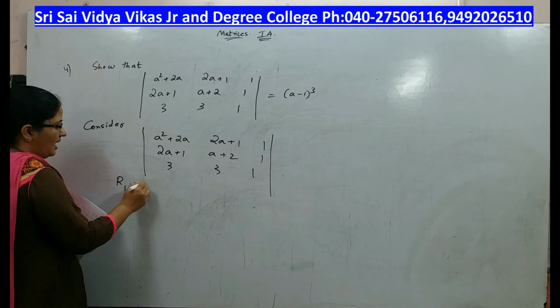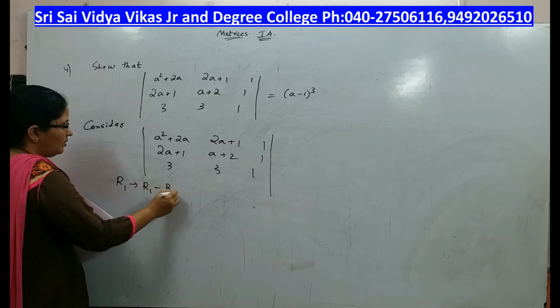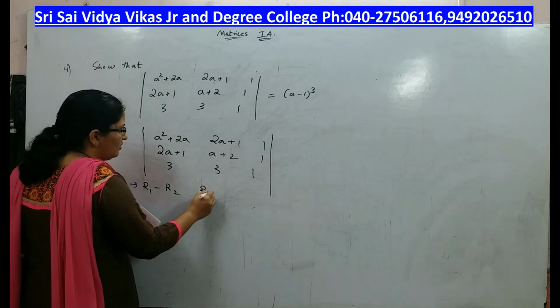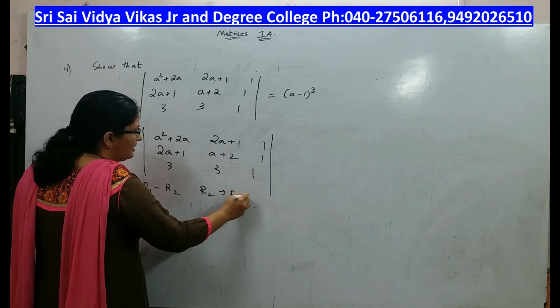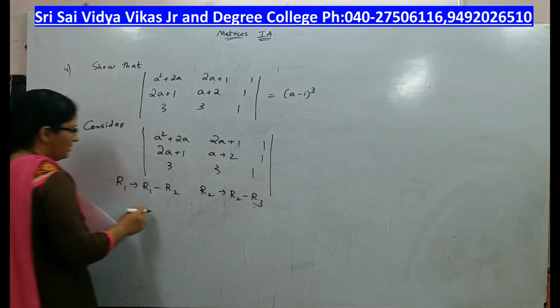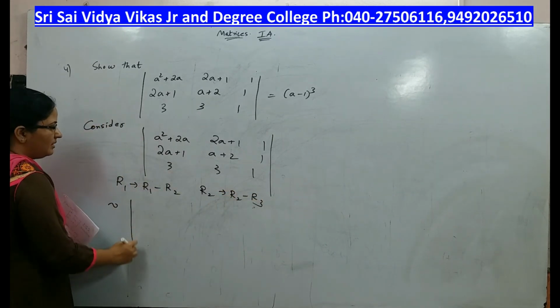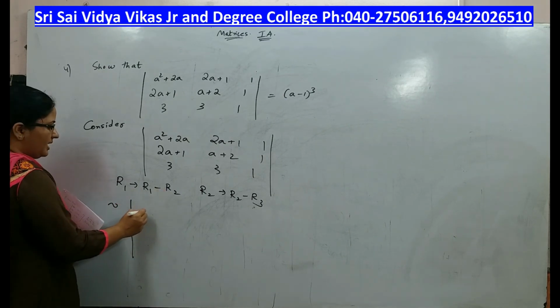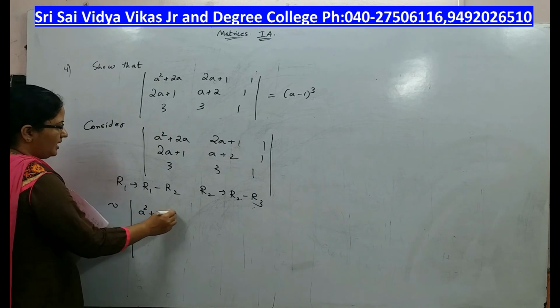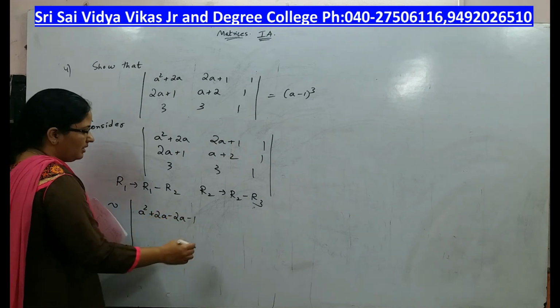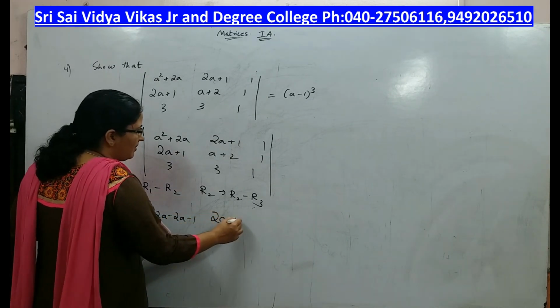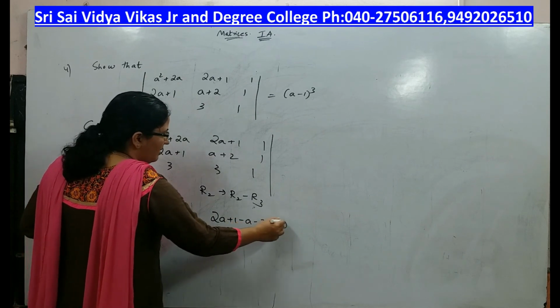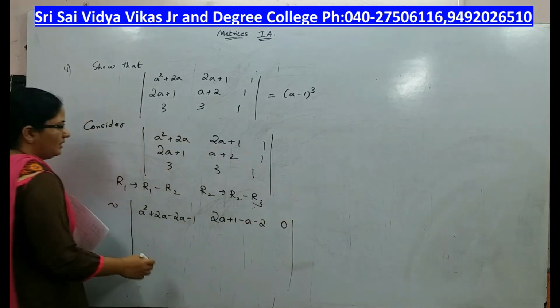R1 changes to R1 minus R2. Let R2 change to R2 minus R3. So this is nothing but, R1 changes to R1 minus R2 means a square plus 2a minus 2a minus 1, 2a plus 1 minus a minus 2, 1 minus 1 is 0.